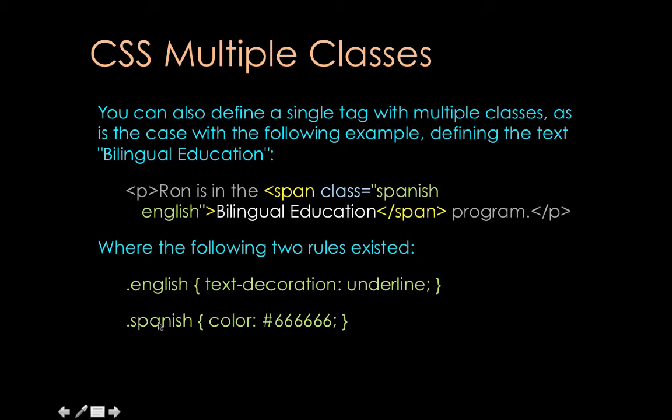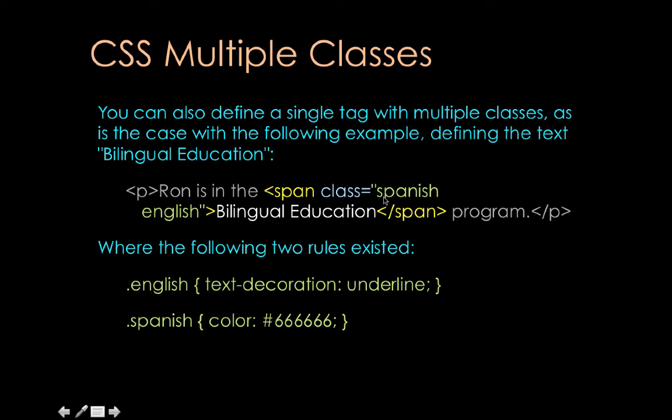All right, well, if I wanted to apply both of these styles to something, I could say, in this example up at the top where it's a paragraph that says Ron is in the bilingual education program, then what I could do is wrap a tag around bilingual education program. In this case, it's a span tag. And then I can give it the attribute of class equals, and I can say Spanish space English.